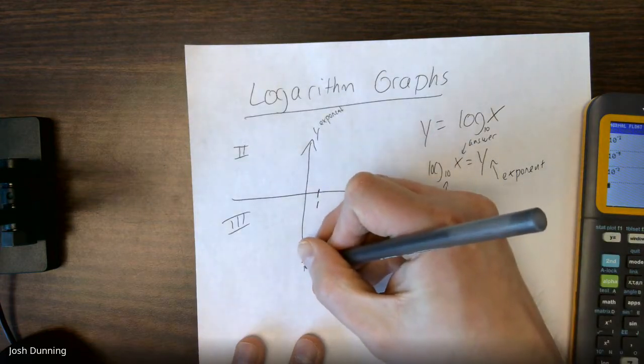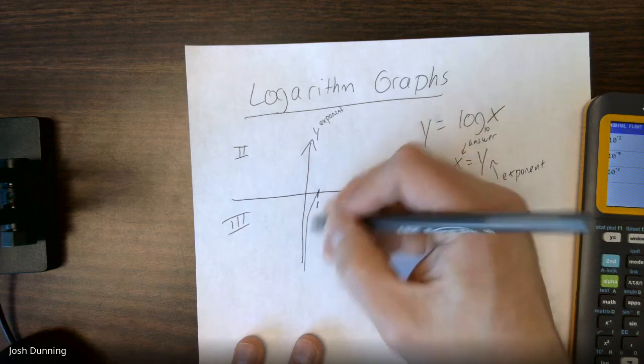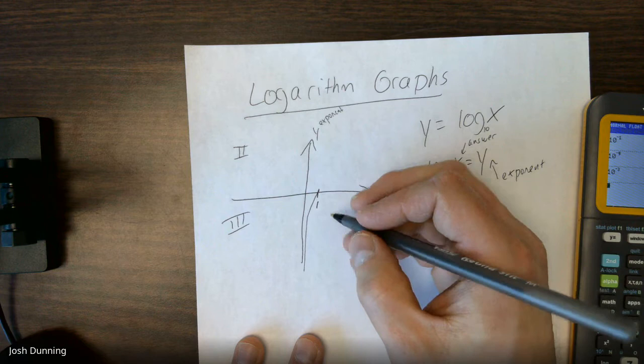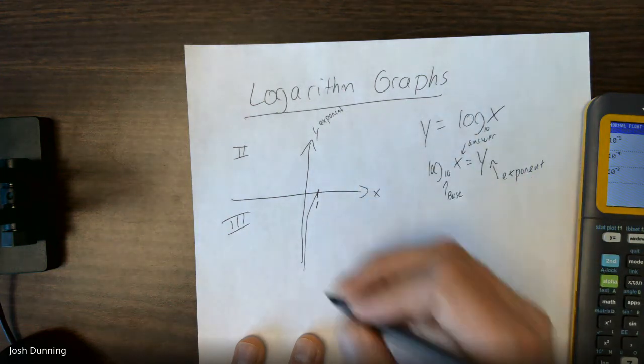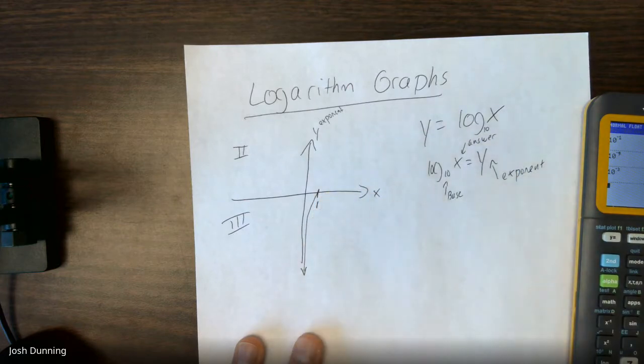So your graph between 0 and 1 is beneath the x-axis, and the further down you go, the closer and closer you'll get to 0, to the y-axis.